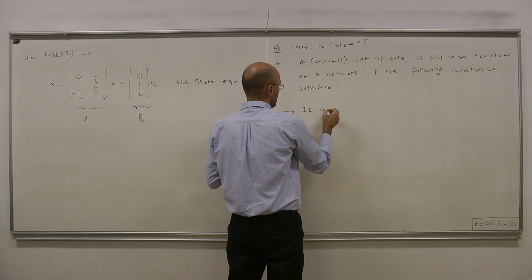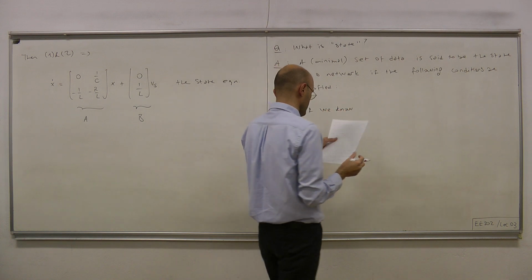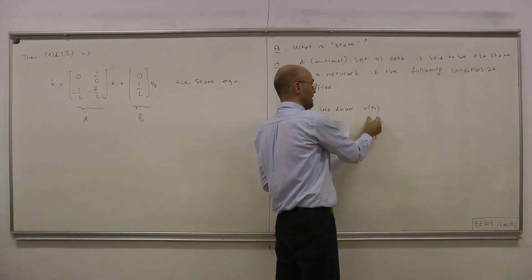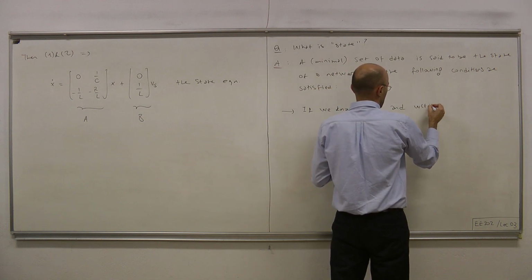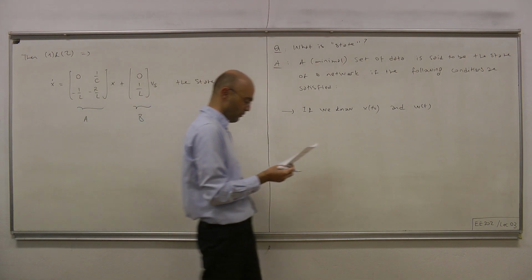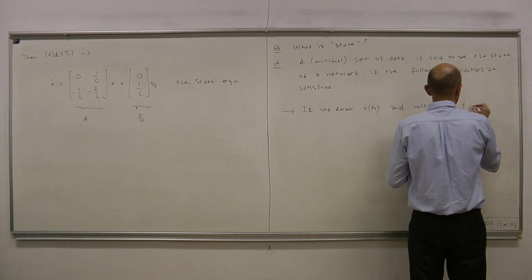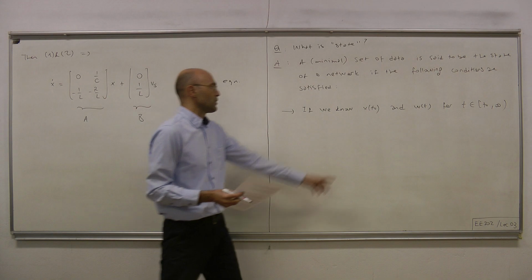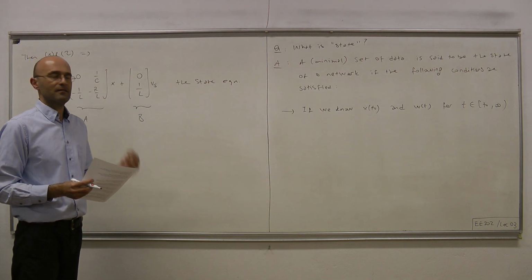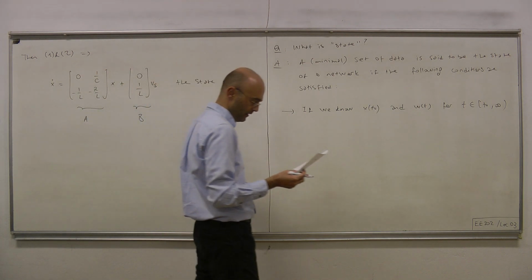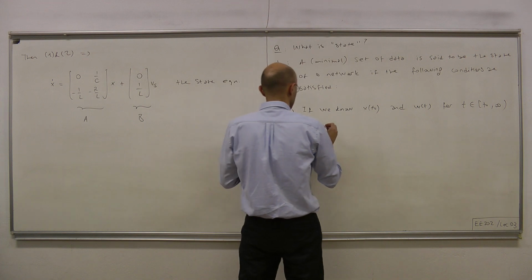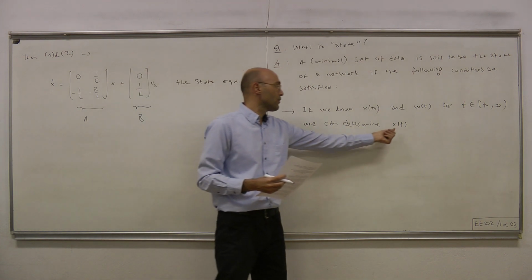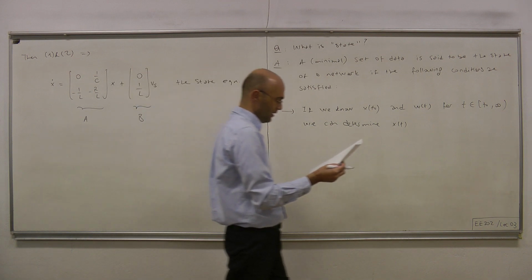If we know x of t0, let's say through measurement, you know the initial state, the initial value of the state vector, and the input waveform, or input vector waveform, for all future times, from t0 to infinity, and usually without loss of generality we can take t0 to be 0 because we're dealing with LTI circuits, at least for the beginning, we can determine the evolution of the state, or sometimes called the solution of the system, for all future times.